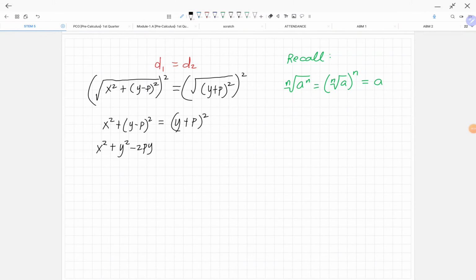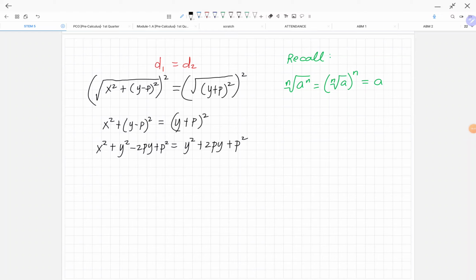And squaring the last term, negative p squared is positive p squared, equals. So here we have again y squared, y times p is py times 2, that is 2py, and squaring the last term, it's positive p squared or plus p squared.